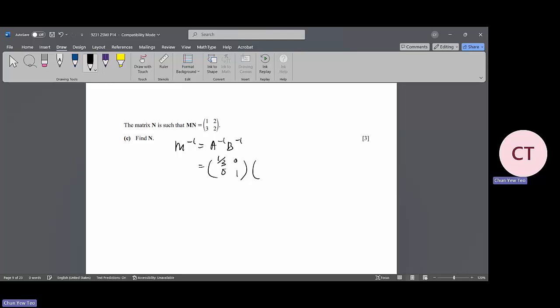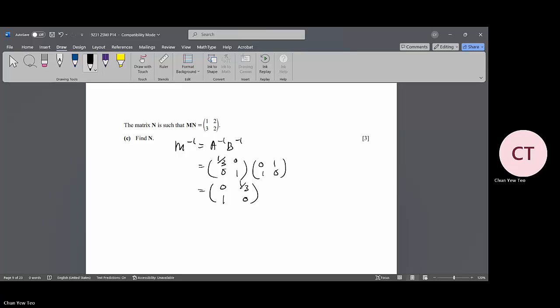Then B inverse is 0, 1, 1, 0. If you multiply them, you will get 0, 1 over 3, and 1, and then this one is a 0.